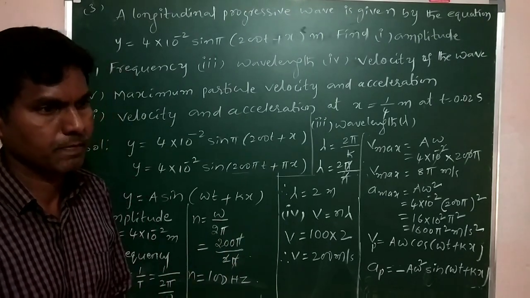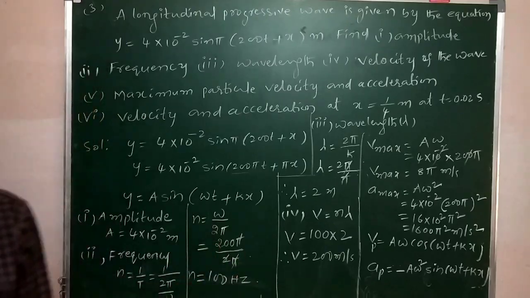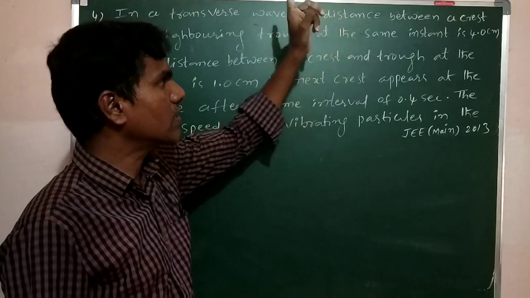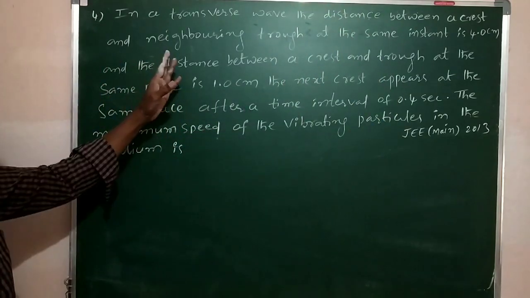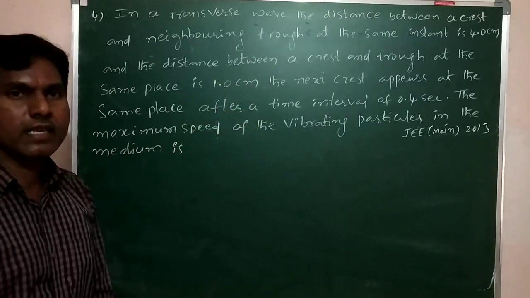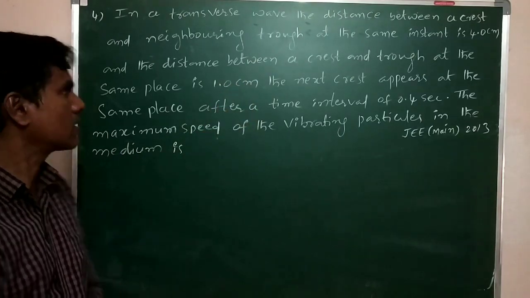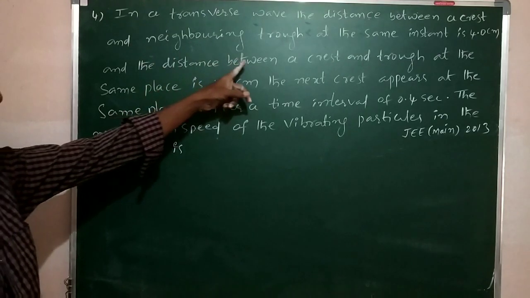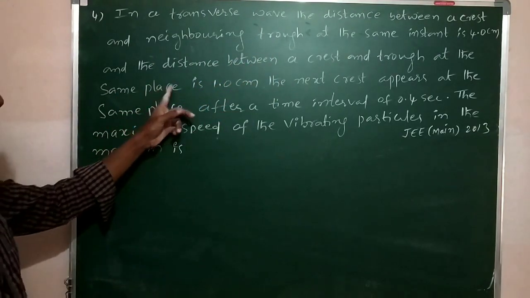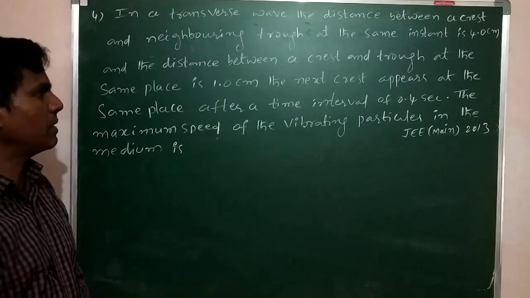Next problem is, in a transverse wave, the distance between a crest and neighboring trough at the same instant is 4.0 centimeters, and the distance between a crest and trough at the same place is 1.0 centimeters.